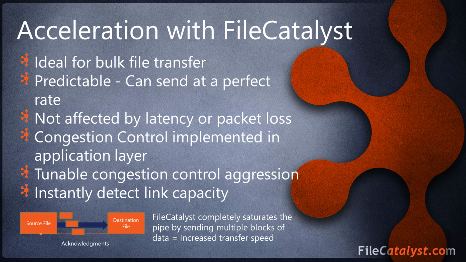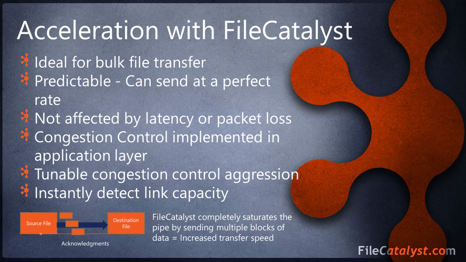And not only is it predictable, it can even be fine-tuned to an exact rate, allowing you to send files at whatever speed you deem appropriate for the transfer. So that way you can manage your bandwidth. And our UDP-based protocol is unaffected by latency and packet loss, which, as mentioned earlier, seriously affects file transfer speeds when using TCP.